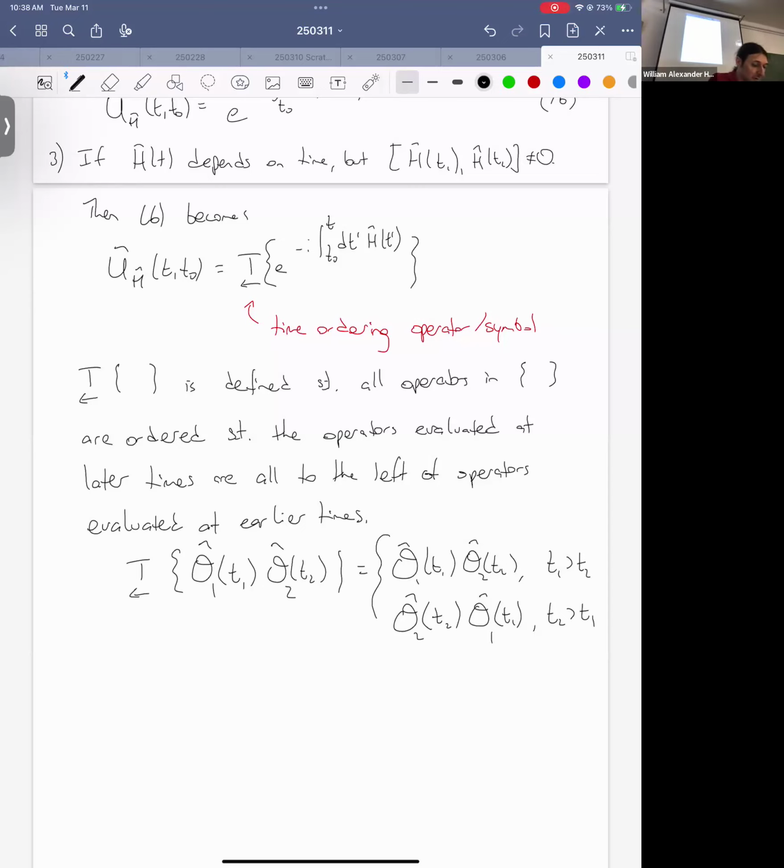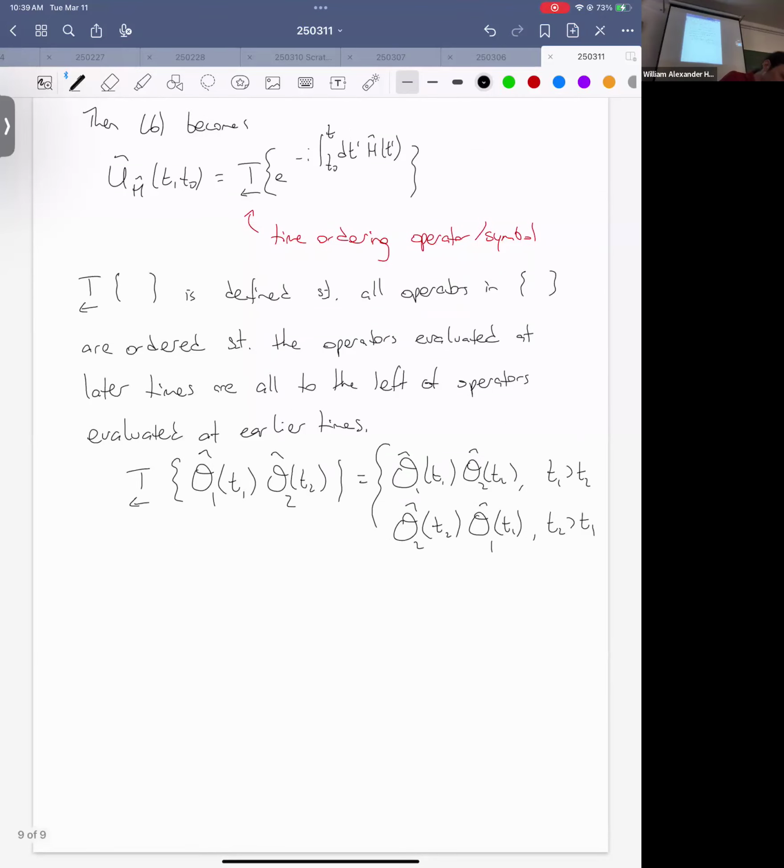I could also use completely different letters, O hat and then your favorite other letter: M, N, P, whatever. Point being that this time ordering symbol is freely moving these operators past each other, irrespective of commutation relations. That's what I want to emphasize.